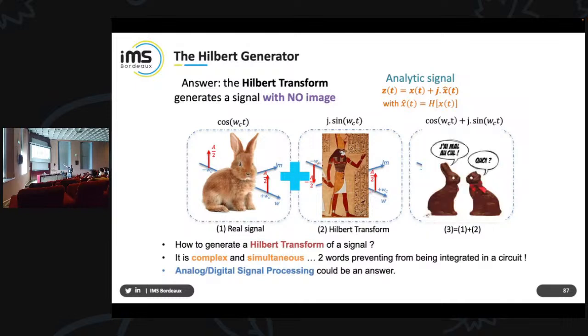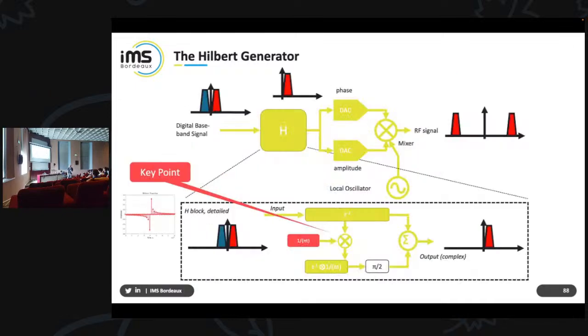This is the Hilbert transform. So then you cut a hair of the rabbit. Well, this is a French joke, but I don't think you can understand it. The Hilbert transform will generate a signal which has only positive frequency. That's great, because when you are going to mix it, boom, you don't need to reject this.